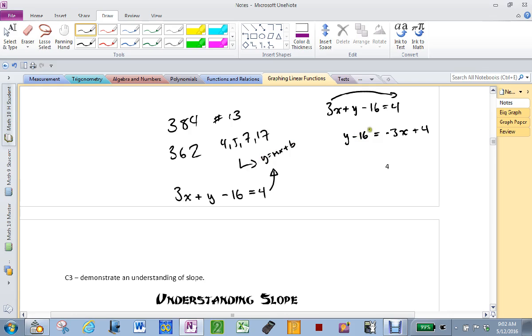Nope. So how do I get rid of it? He moves over here and becomes positive. So y equals negative 3x plus 20. Everybody good? Yeah.